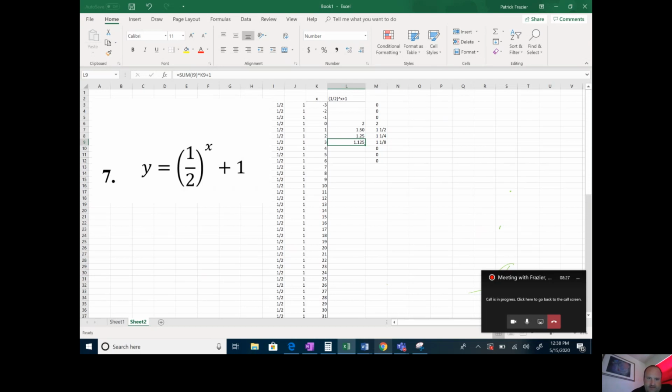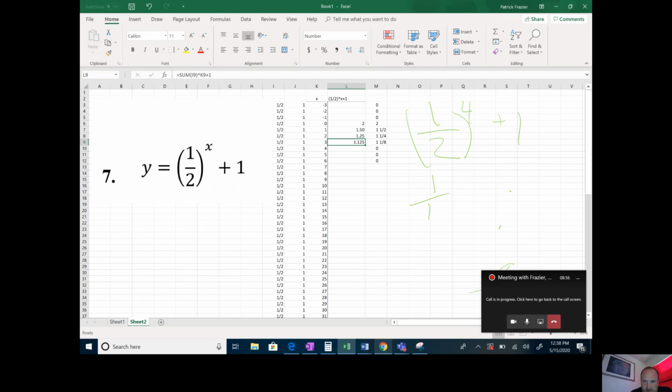And that makes sense because if I have 1/2 to the fourth power plus 1, well, 2 times 2, which is 2 squared, is 4, and 4 times 2, which is 2 cubed, is 8. So that's 2 times 2 times 2 is 8. 8 times 2 is 16, which would be 2 to the fourth power.